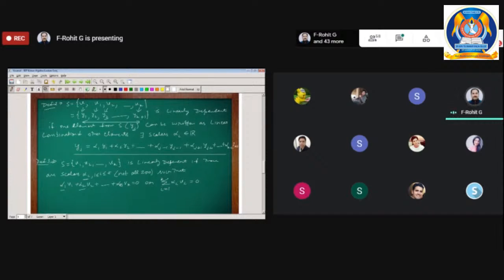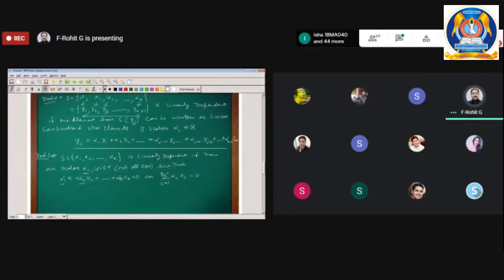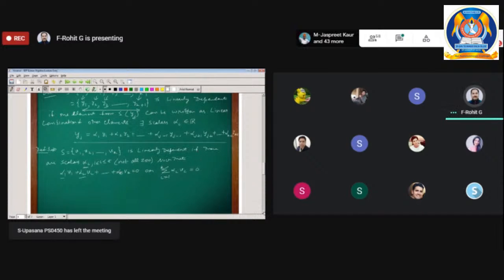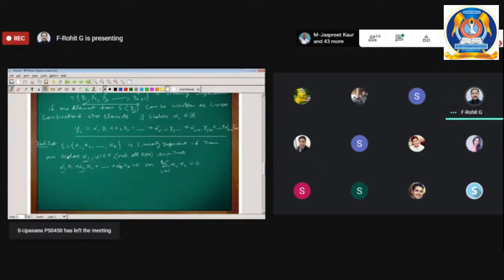Out of these scalars, not all 0. Some can be 0, but their linear combination should come out to be 0. Then I say that my set is a linearly dependent set, right? So these definitions are equivalent to each other. I will explain why.